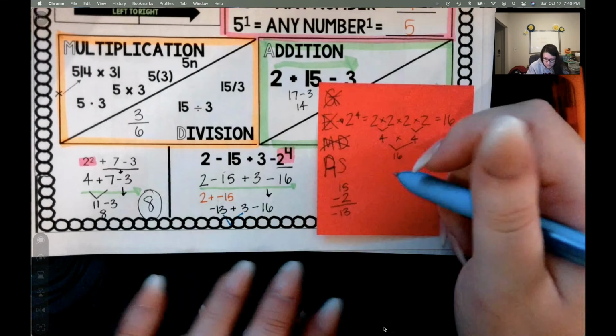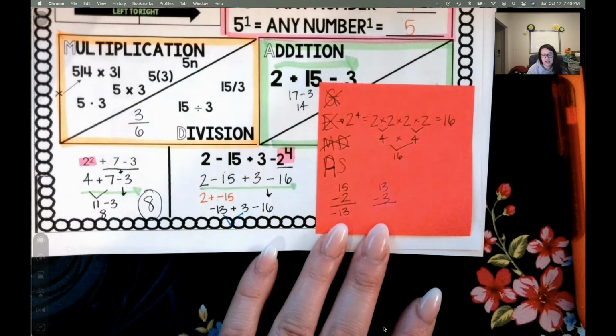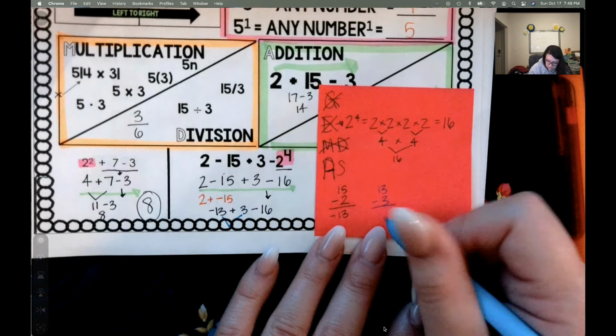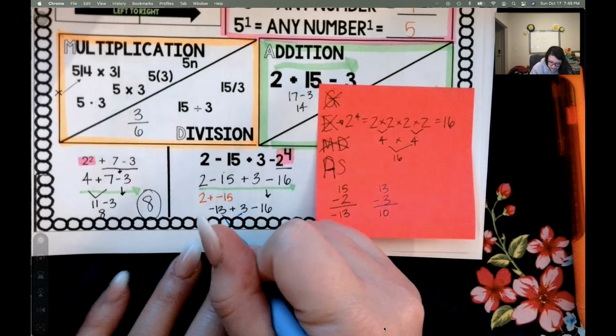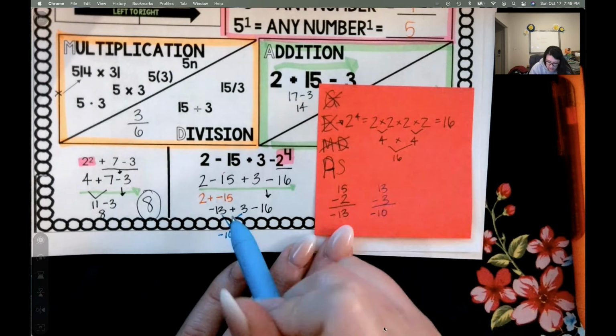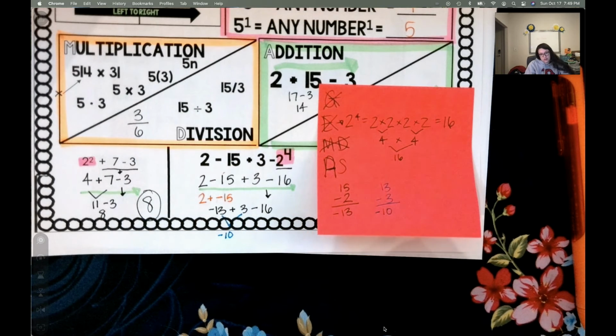Different, so we subtract. 13 minus 3. What's 13 minus 3? 10. And is it going to be positive 10 or negative 10? Negative, because 13 is further away from 0 than 3. That means there's more negatives than there are positives if we're using our counting chips.